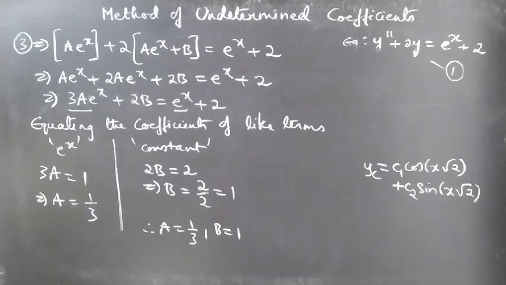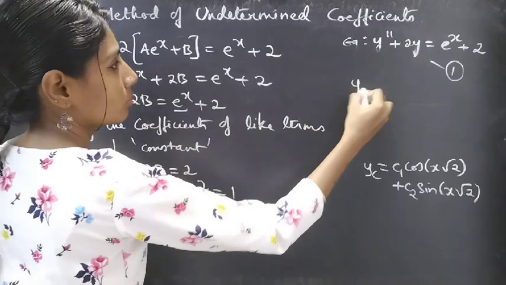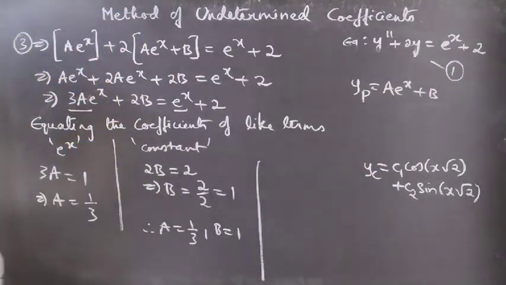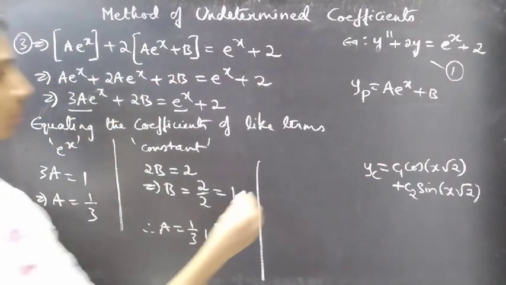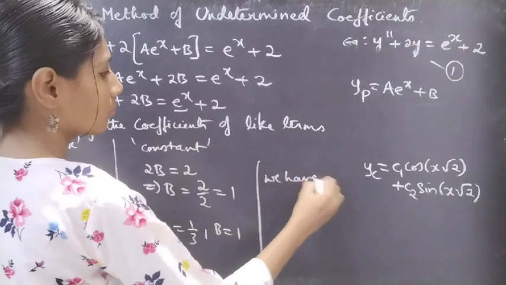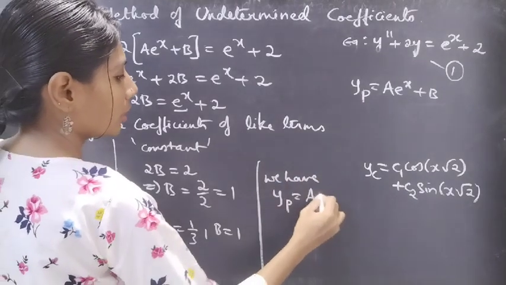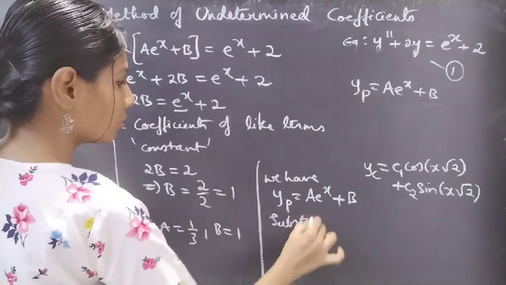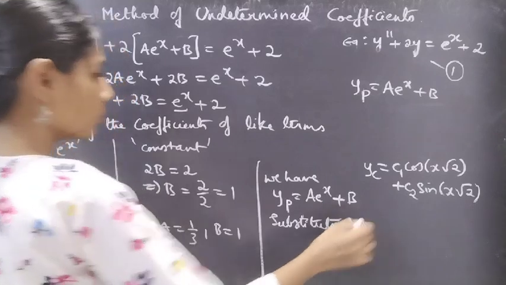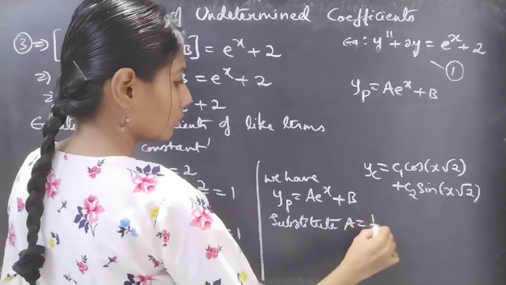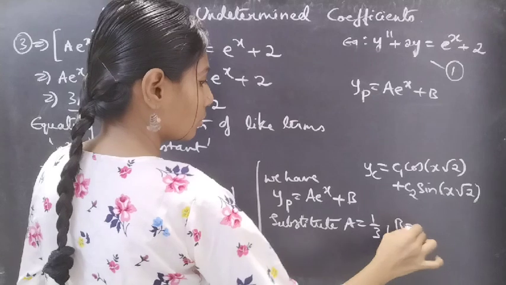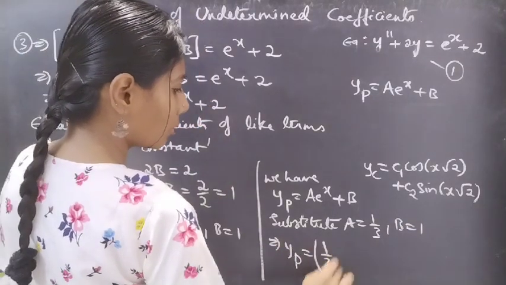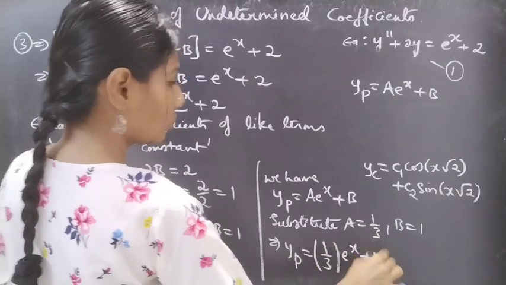Now we'll substitute in yp, since yp equal to a e power x plus b, right? Substitute the a and b values. We'll get yp equal to 1 by 3 into e power x plus 1.